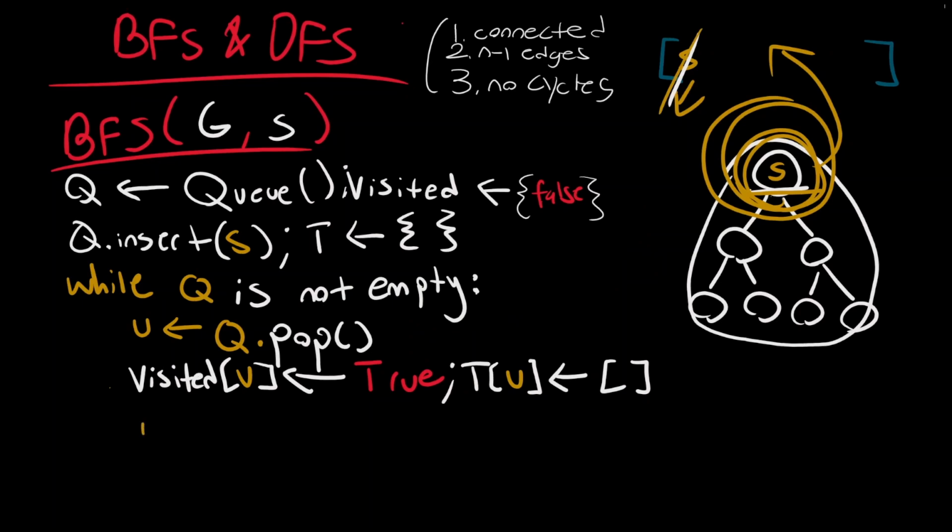Now let's fill up the queue. Let's say for V in G, access all of U's neighbors.